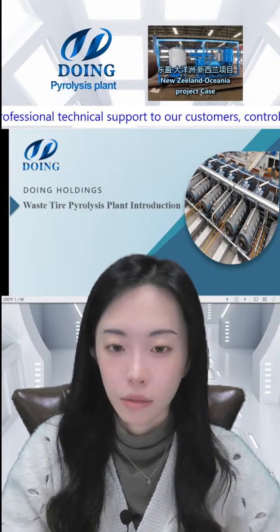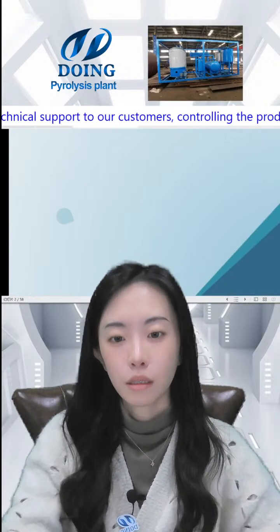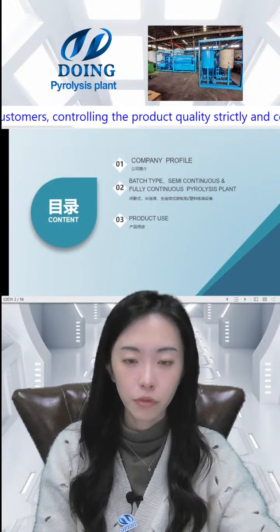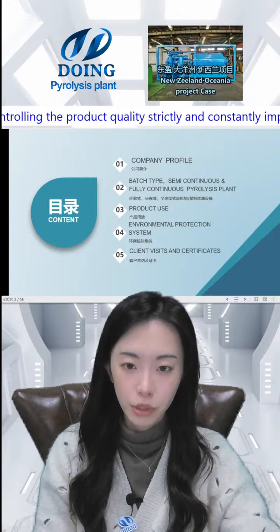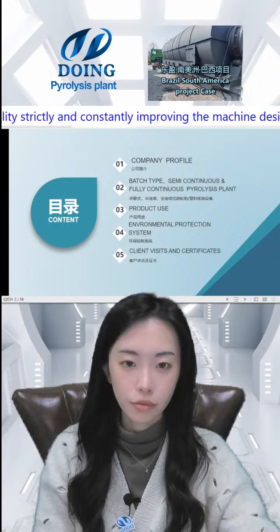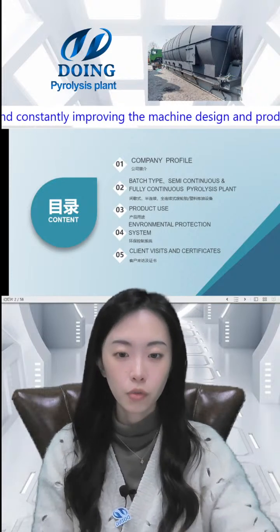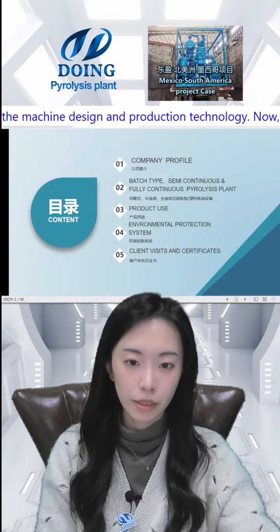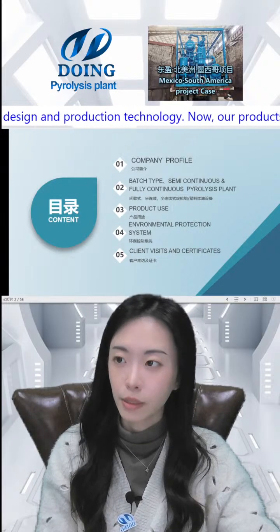Okay, and now let's start. This is the content of today's introduction: the profile of our company and the three kinds of equipment: the batch type pyrolysis plant, semi-continuous pyrolysis plant, and the fully continuous pyrolysis plant.